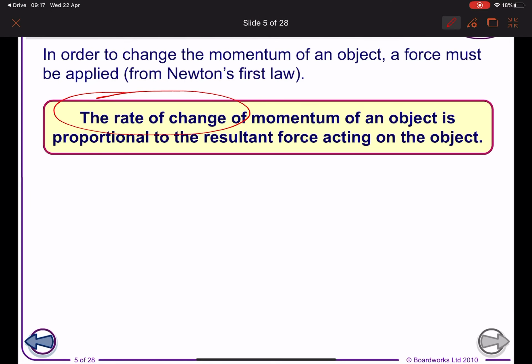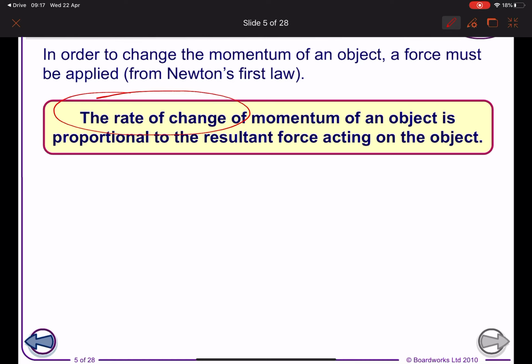Now let me give you an example. If you are moving in a car, the car has momentum because it has both mass and velocity. If you slow down over a fairly long period, a fairly steady slowdown, you don't feel a great deal of force. You might feel like you're being pulled slightly forwards, but the car will stop without any real damage.